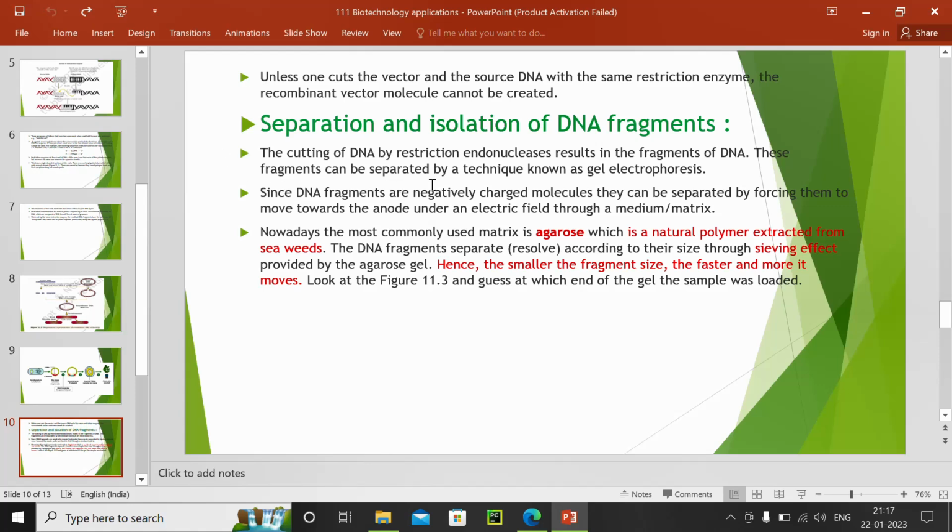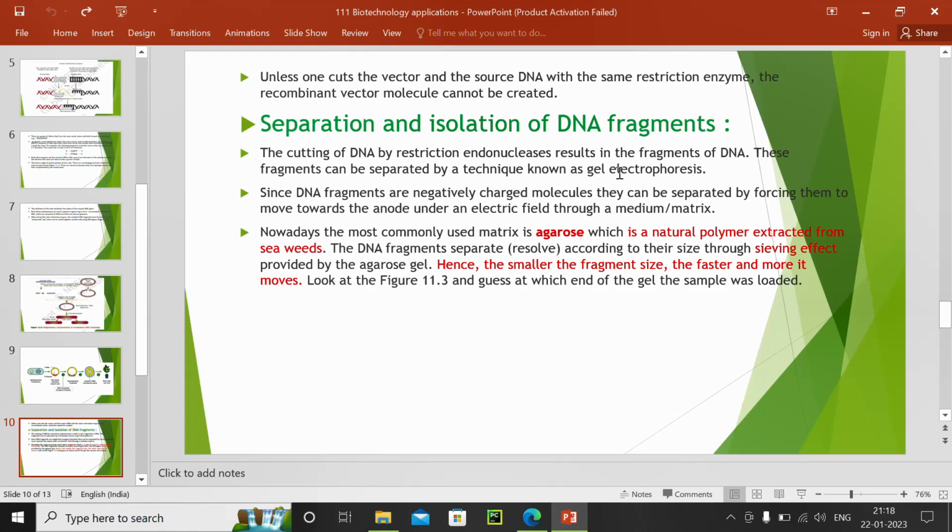These fragments can be separated with a technique called gel electrophoresis. Here, gel is a state that is neither solid nor liquid. Gel is an intermediate state, which is viscous and somewhat rigid, but not hard like a solid. Therefore, it is called a gel state.